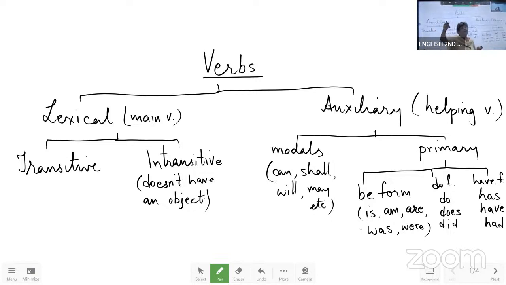It says any other expression, and writes in brackets optional. You can give any other adverbs or anything, but please do not mention an object. Be forms are is, am, are, was, were, and the negative forms. Do forms are do, does, did. The negative forms are don't, doesn't, didn't. Likewise, have forms are has, had, have, and hasn't, haven't, hadn't.